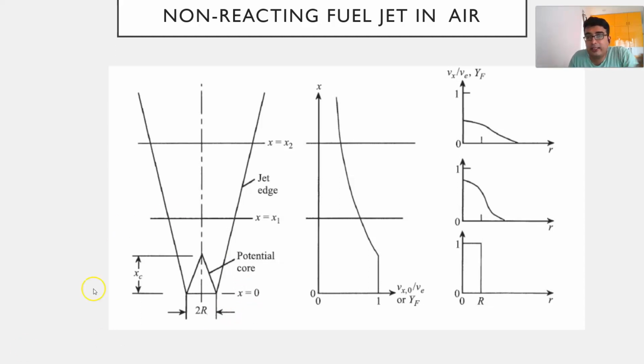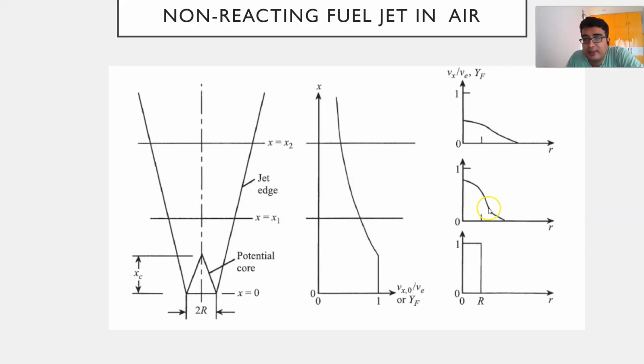Correct? So what this means is the axial velocity at this point here is now less than Ve, the velocity at the exit. So it goes down from 1, and this velocity drops off as you move in the radial direction, because away from the axis more and more of the mixing has taken place, so the fuel jet has decelerated further and further.